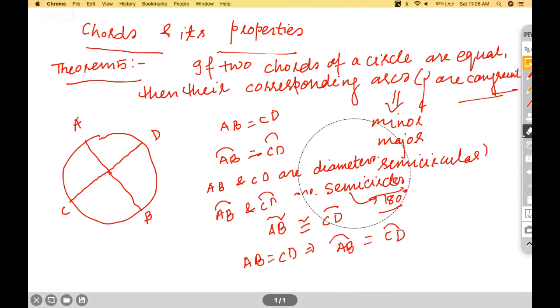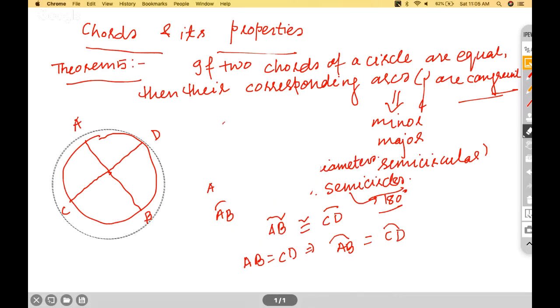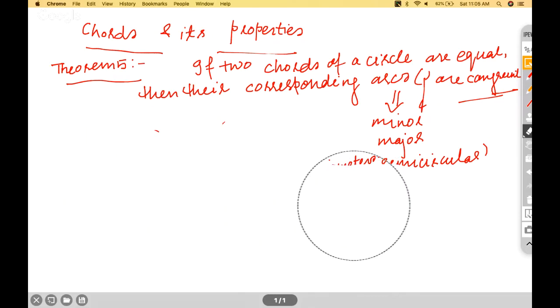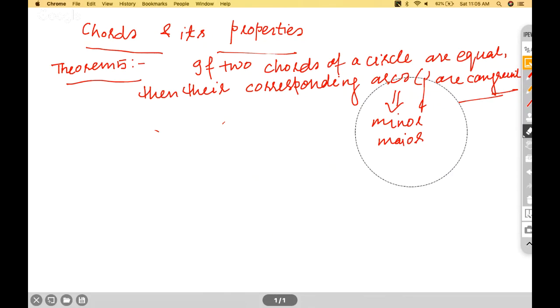Now I will go to when these become minor arcs, so I'm removing it. Let me do it for the minor arc.